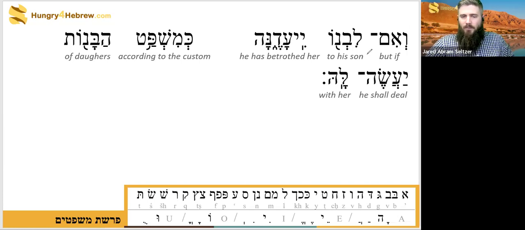If livno, to his son, yi'adena. So the hey at the end is referring to her. Here the root ya'ad, to intend. The yod here is yiktol. What binyan is this verb? Does anyone know?